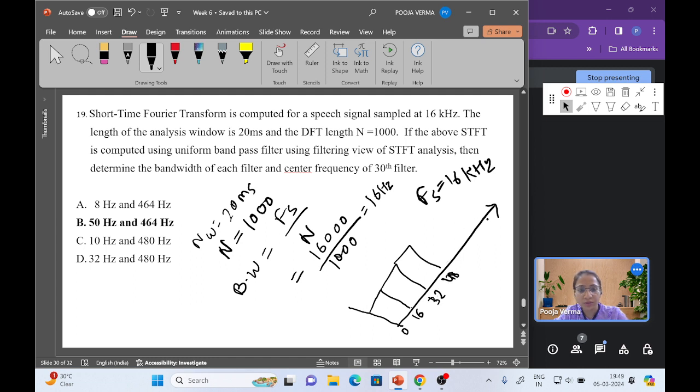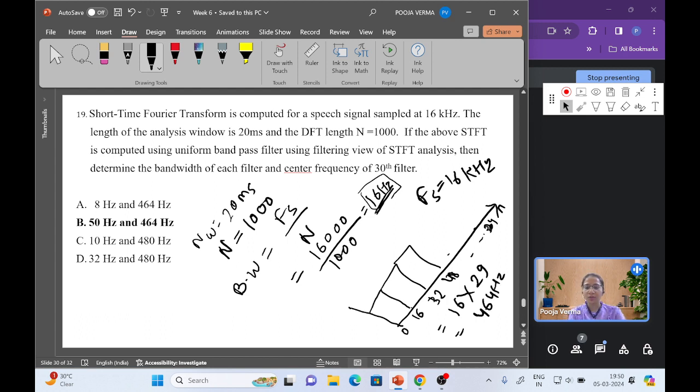We need to find the 30th. The center frequency of every filter is spaced 16 hertz apart, so for the 30th filter it is 16 multiplied by 29, because we are counting from 0. So 16 into 29 gives 464 hertz, right?